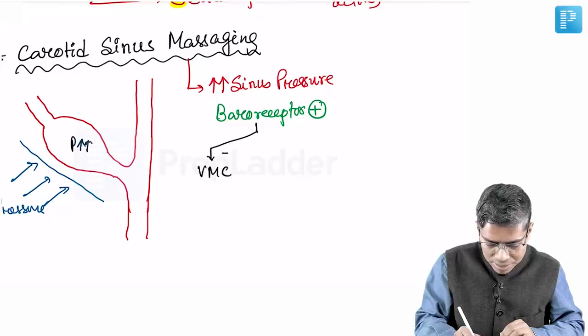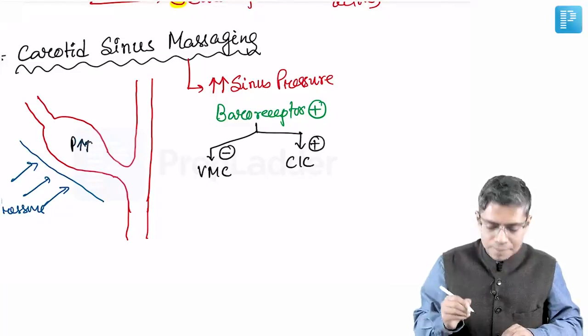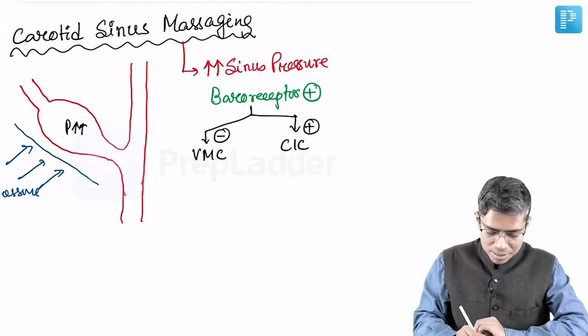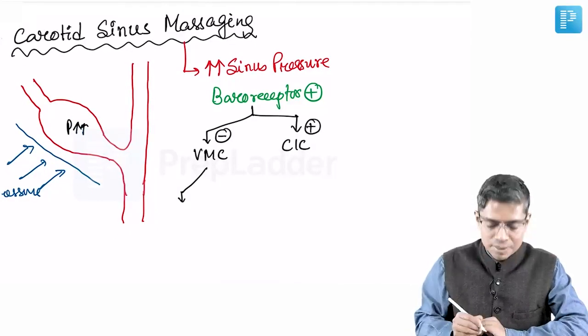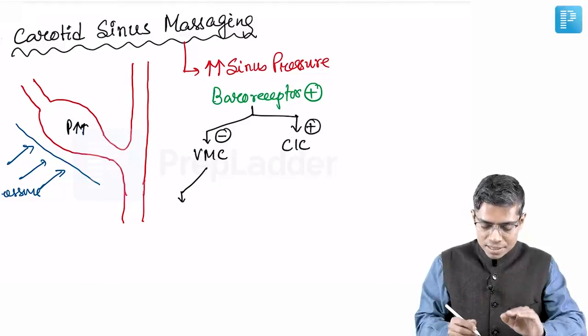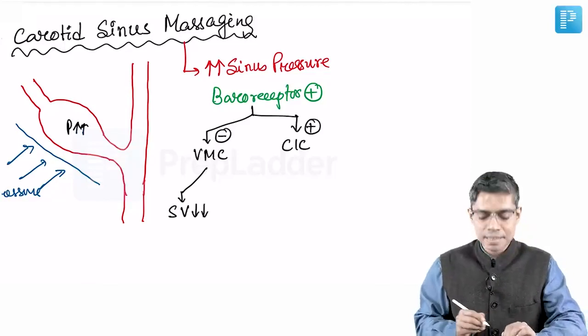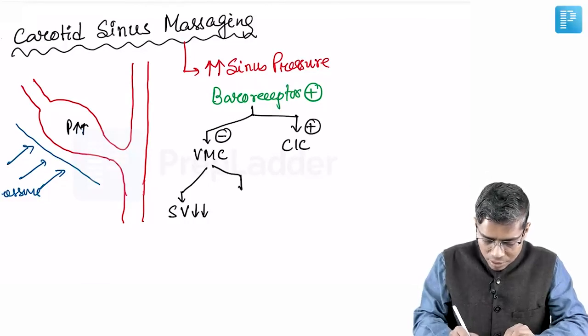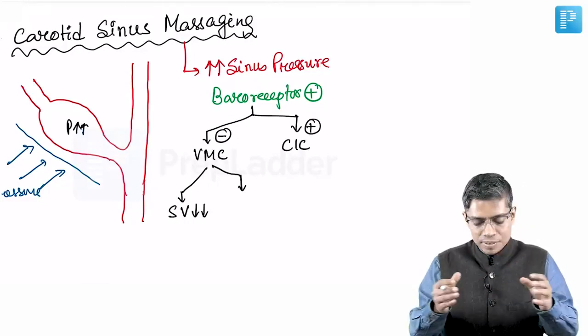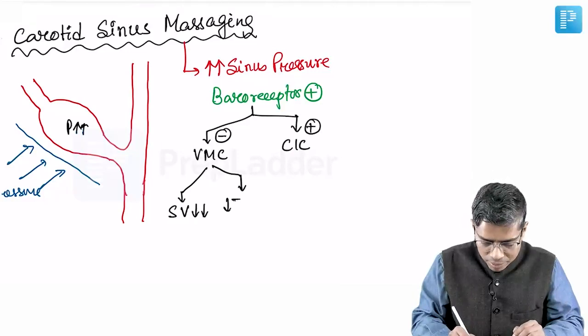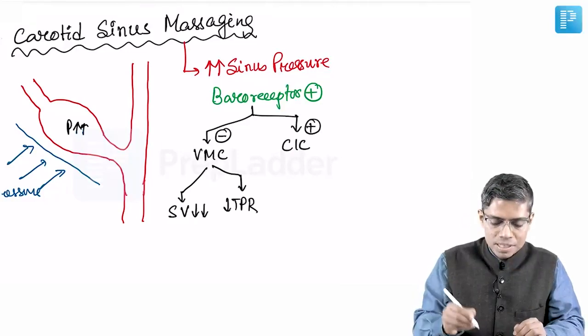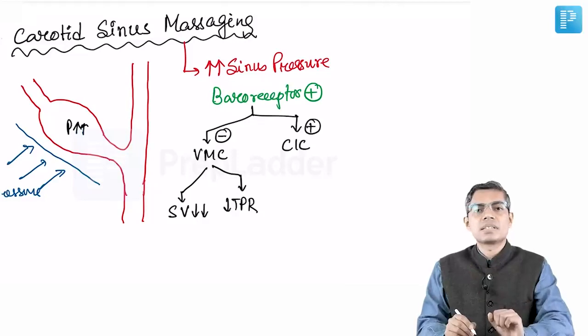Vasomotor center will be inhibited and cardio-inhibitory center will be stimulated. Vasomotor center inhibited means sympathetic inhibited. Sympathetic inhibited means contractility will decrease. That's why the stroke volume will decrease, right? And vascular constriction will not be there. There will be vasodilatation. So what will happen to the TPR? TPR will fall.